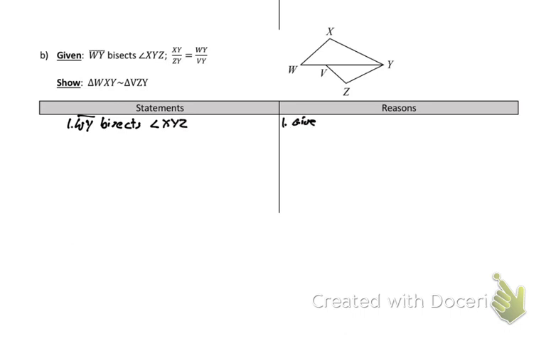That's my given. What I want you to do right now is do the next step. What does this mean? You should all have the exact same next step right now. So write that given, and then write the next step.